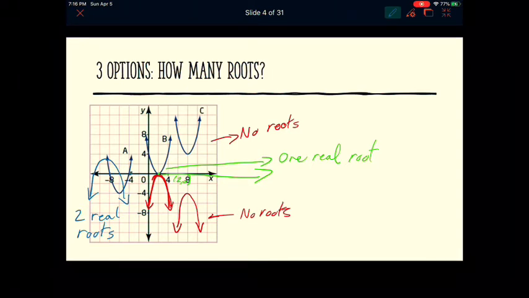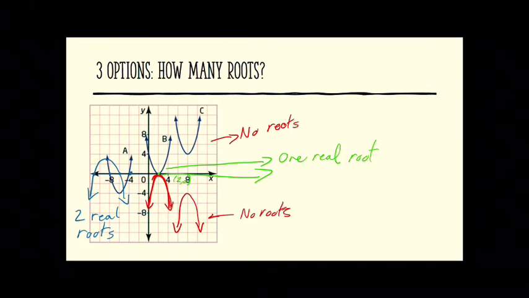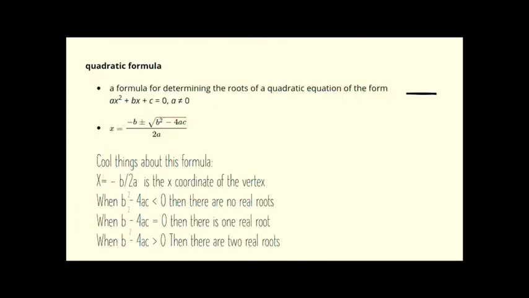That would be most common because a lot of them cross, or it doesn't have to be, but those are the ones we've been working with thus far that have 2 real roots. We want to find x equals 2 different things. So those are the 3 options, and the quadratic formula shows us very quickly which ones we're dealing with.